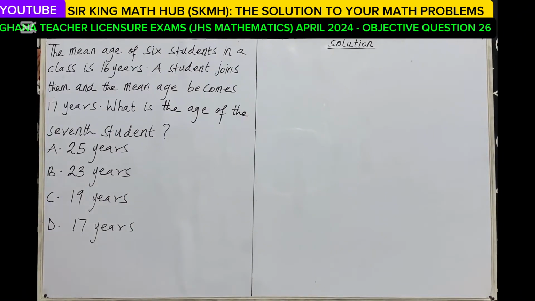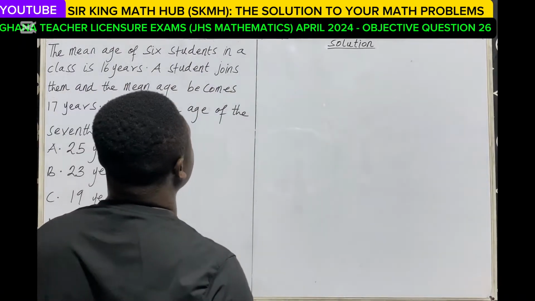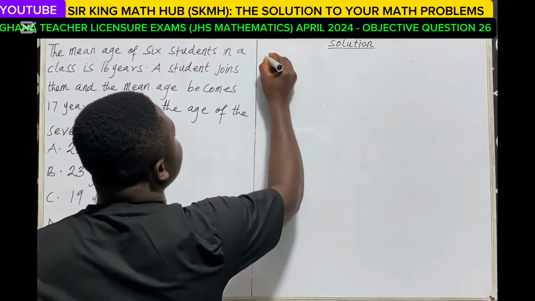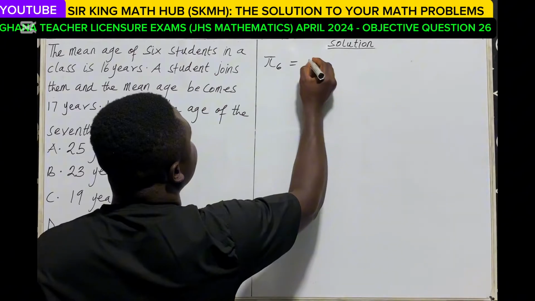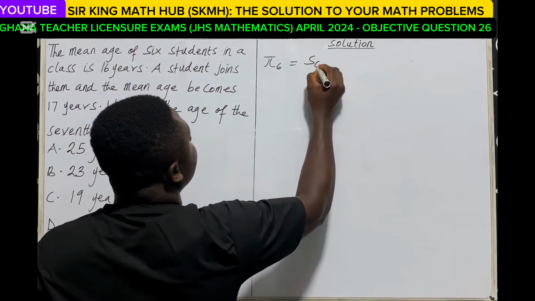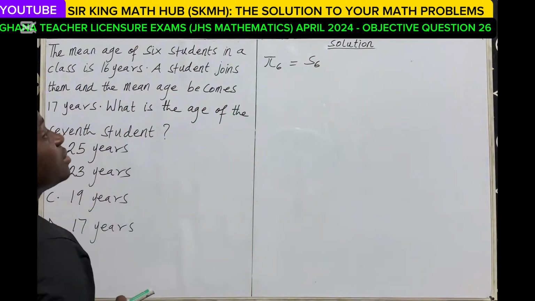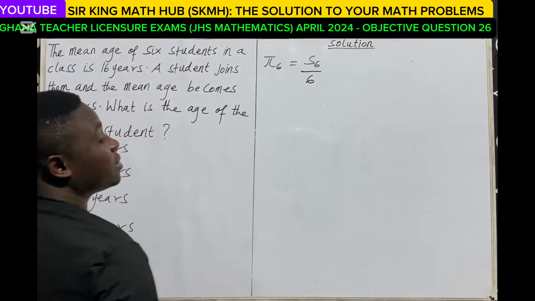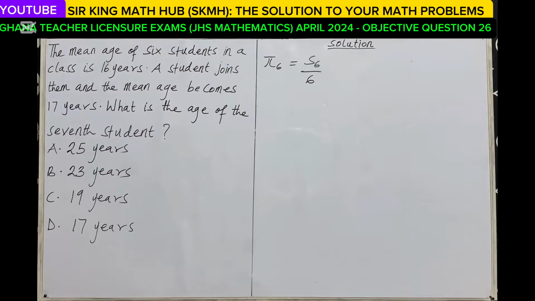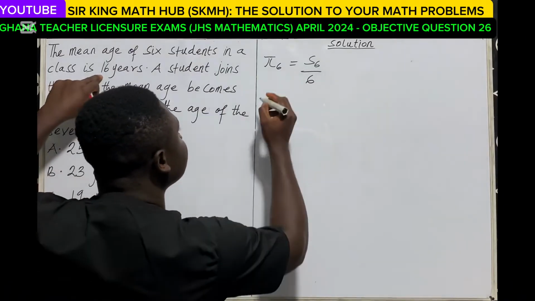The mean age of 6 students in a class is 16 years. So what is the formula for calculating the mean age of 6 students? The mean age of 6 students is equal to the sum of the ages of the 6 students divided by 6. But we know that the mean age of these 6 students is 16.